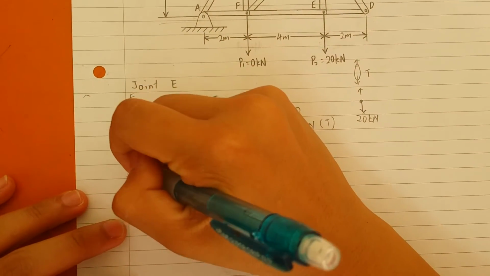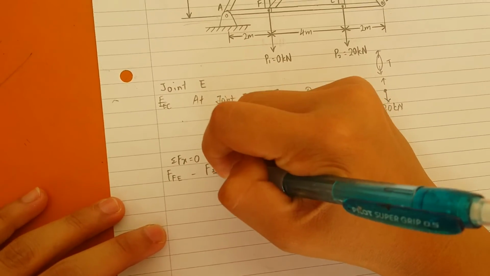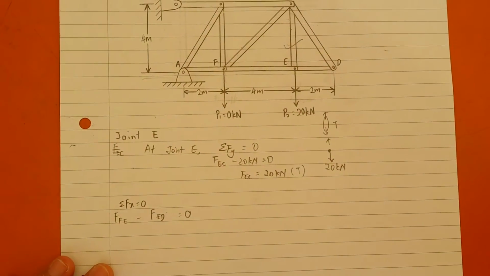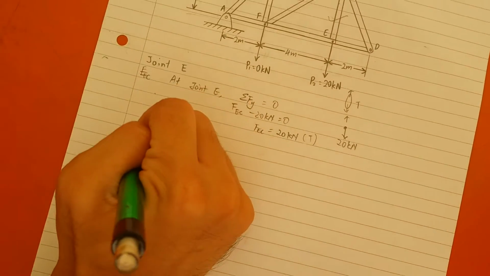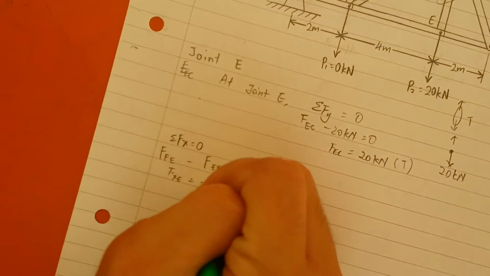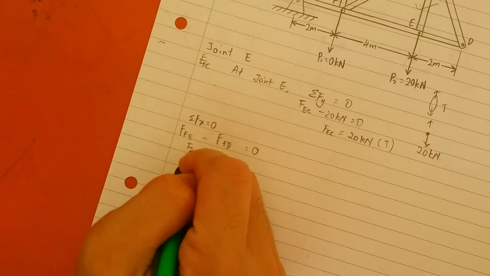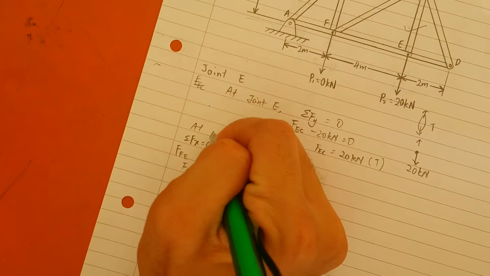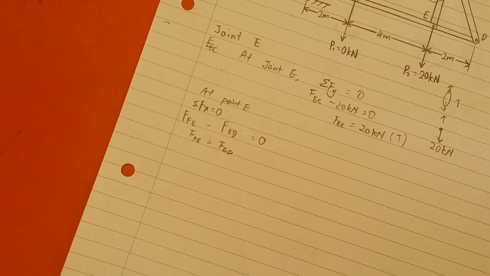So FE equals FED. This is one of our equations at point E.